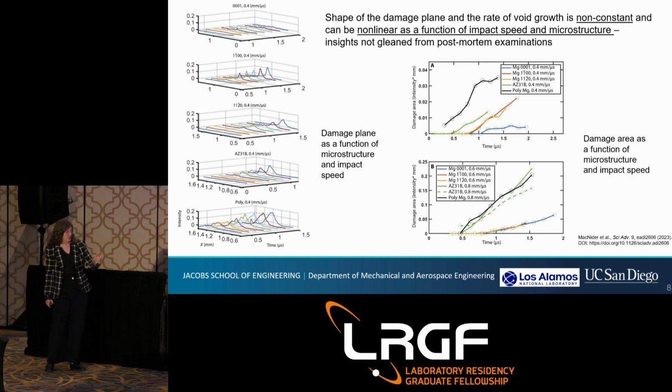And then also picking out some of the shapes of the curve on the left, the actual morphology of what the spall plane looks like, you can get a quantitative look at how that changes over time. This bottom left one, for example, you can see there's a point in the middle where it starts to have two peaks for a little bit before coming back together. And so this time-resolved data is something that you really wouldn't be able to get a good look at from traditional measurement techniques.